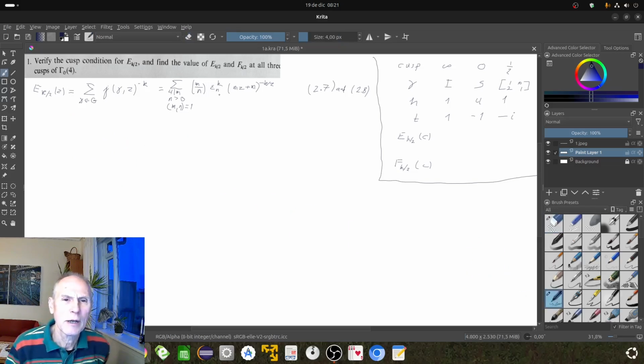So that means when m is naught, we only have n equal to 1. And that means that the limit is just 1.